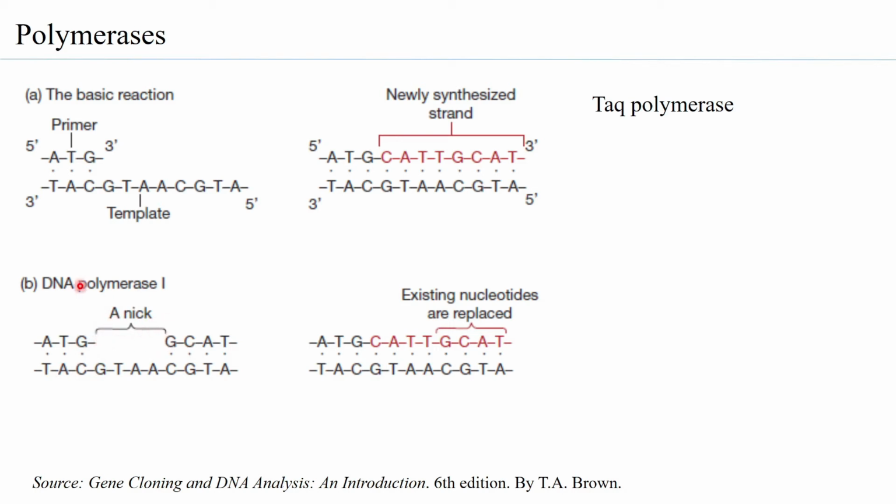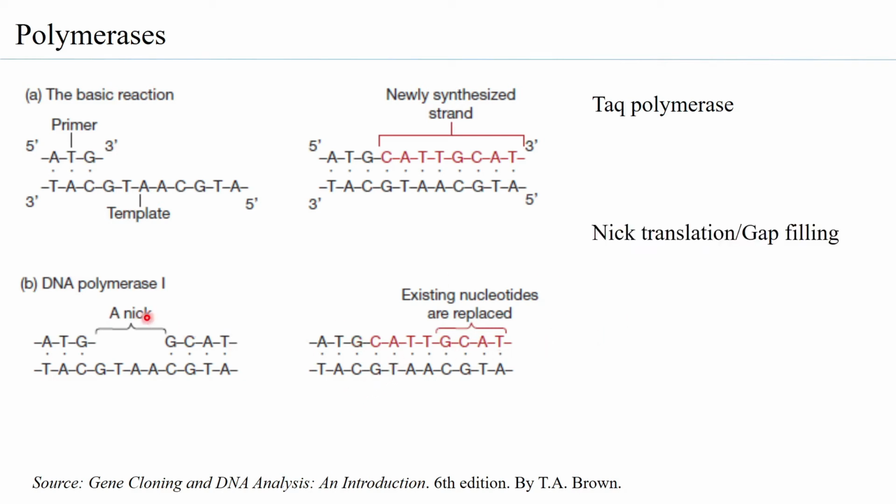But because DNA polymerase 1 also has 5' to 3' exonuclease activity, it can replace the existing or old polynucleotide strand with a completely new polynucleotide strand from this end. So that is something that DNA polymerase 1 does. DNA polymerase 1 acts both as a polymerase as well as a nuclease. So you can put this under the class of polymerases, and also under the class of nucleases.